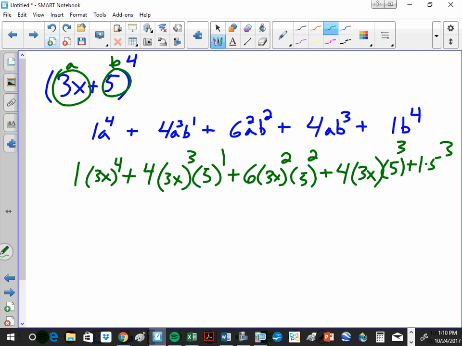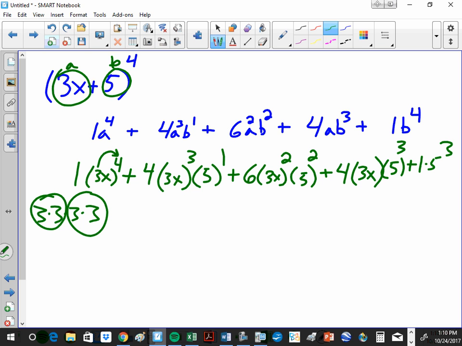So what is 3 to the 4th? 3 times 3 is 9, times 3, 27, times 3, 81. And one easy way to do that, this is how I remember it: 3 to the 4th is 81 because 9 times 9 is 81.